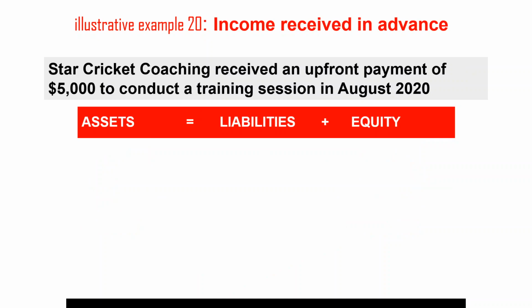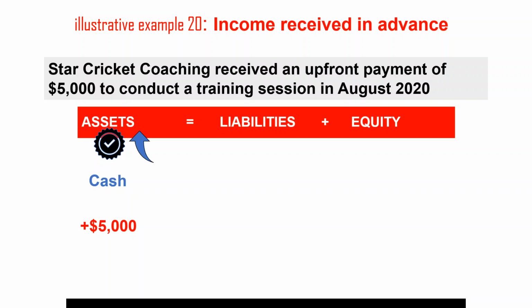The second illustrative example is about income received in advance. Star Cricket Coaching received an upfront payment of $5,000 to conduct a training session in August 2020. Cash asset goes up by $5,000 with the receipt of this upfront payment.